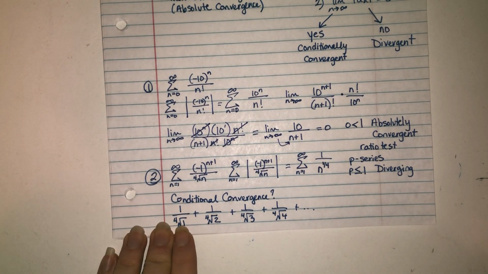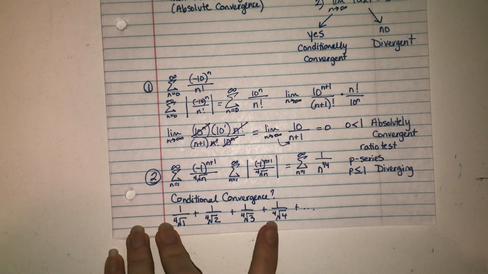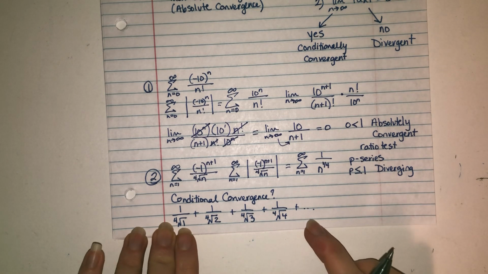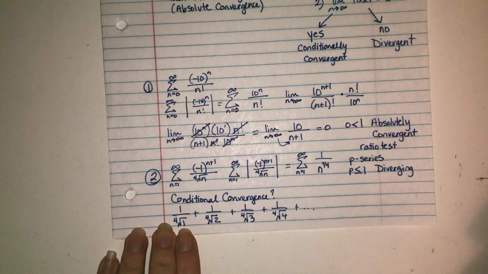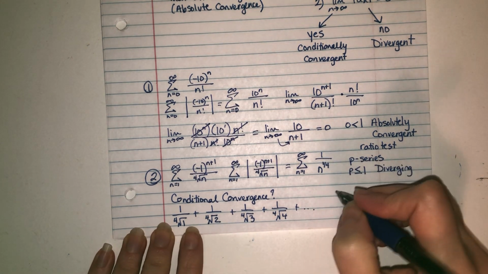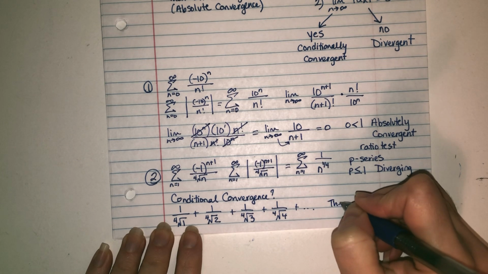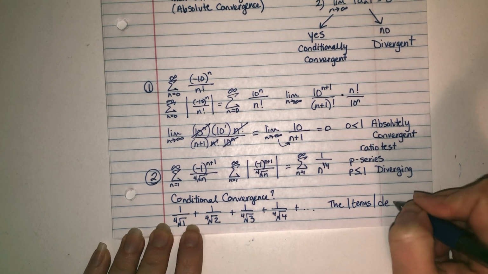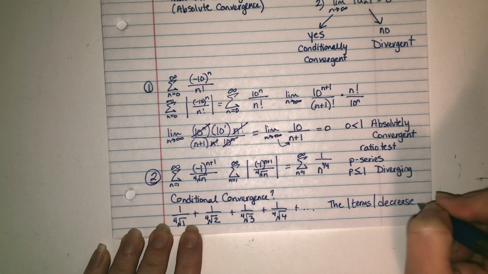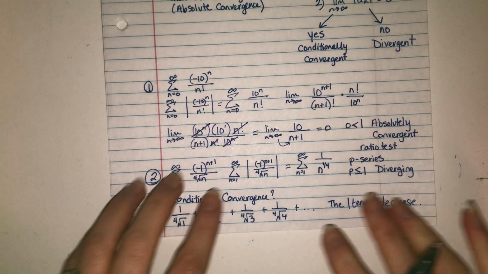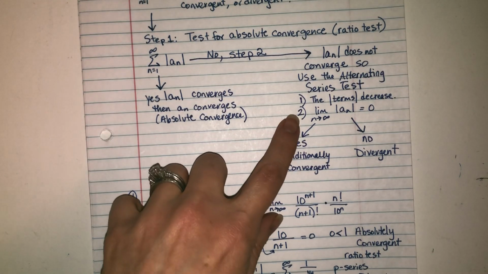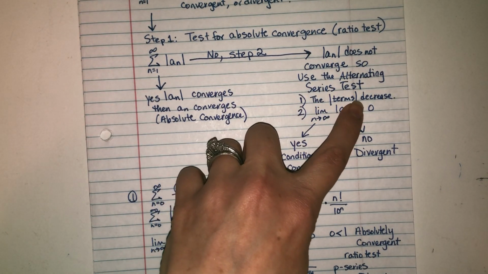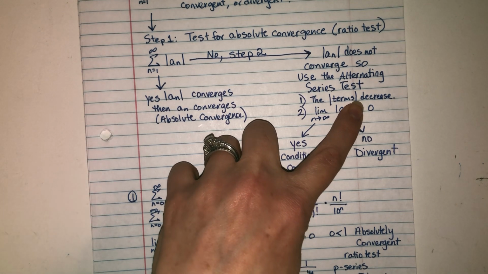Well, as I take the 4th root of a bigger and bigger number, the 4th root is larger and larger. The denominator is growing while the numerator remains constant. So the absolute value of the terms decrease. So the first item that we need to examine for the alternating series test did become true.